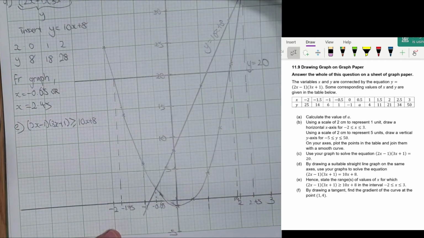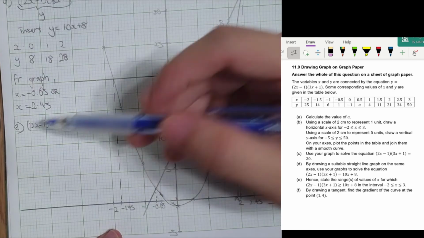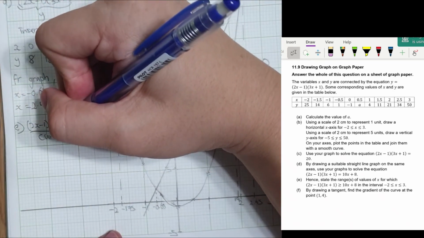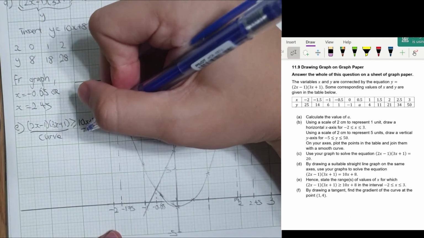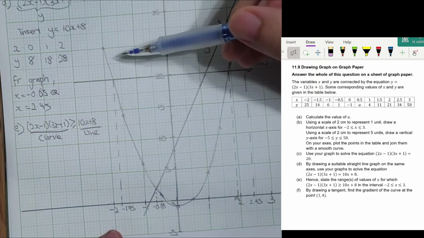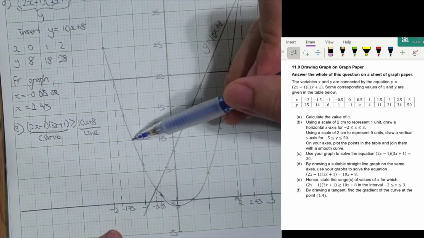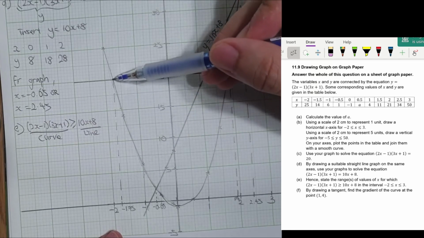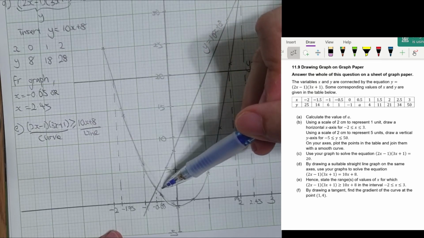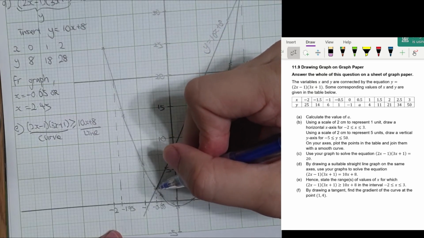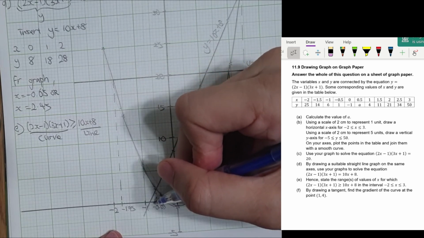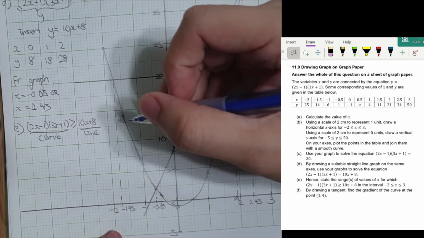Okay, when is the graph, this is the curve on top of the line. Okay, this is the part where the curve is on top of the line here. So the important point is always at the point of intersection.